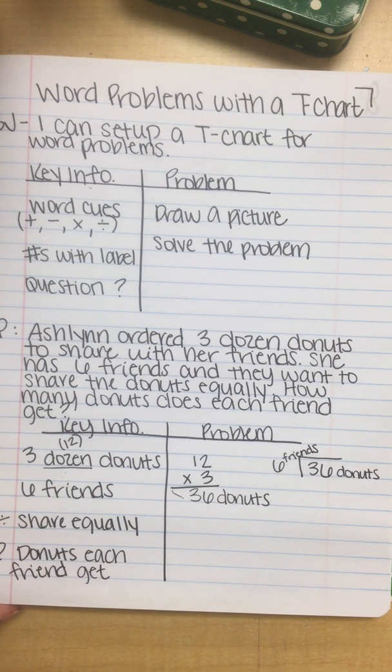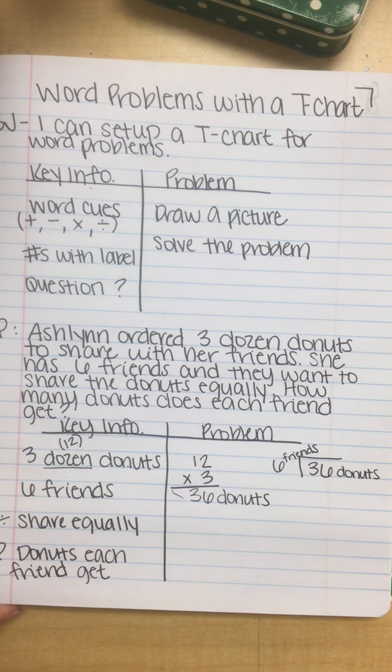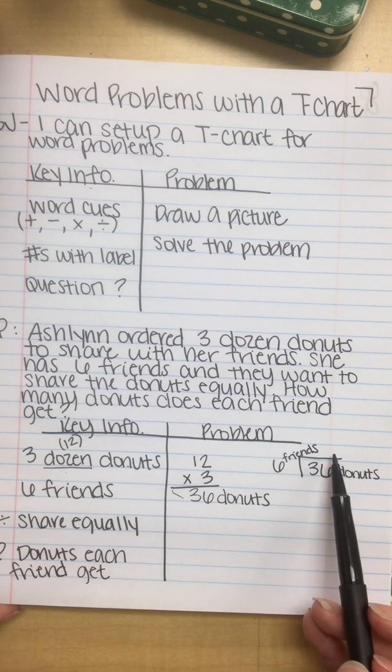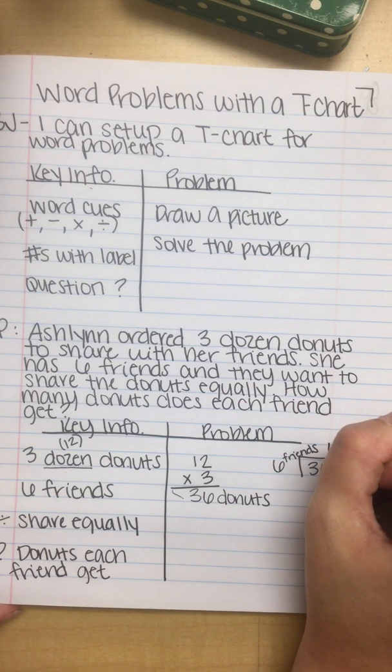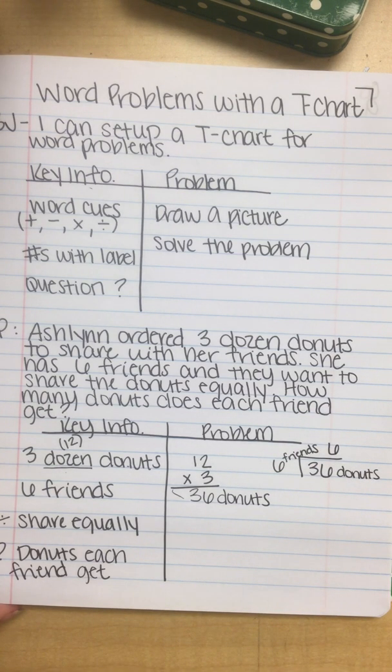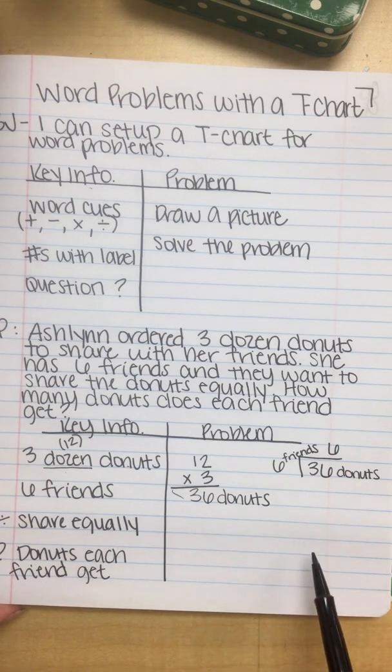So if you know your math facts or fact families, you know that if we are dividing 36 by 6, we are going to get our quotient or our answer of 6 up here because we know 6 times 6 is 36. If you didn't know that, could you do the subtraction method? Absolutely. Could you do the traditional method?